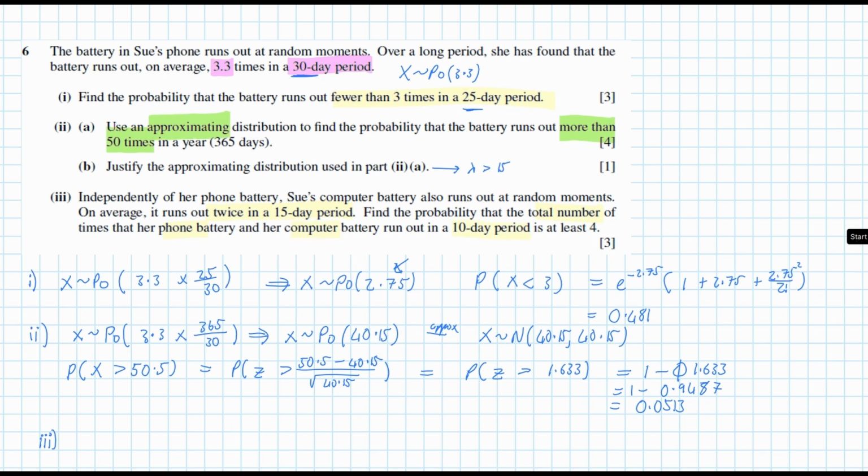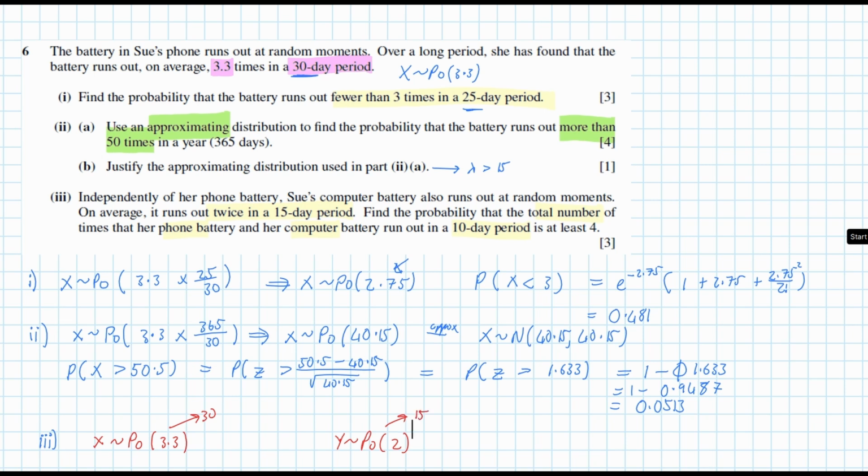So let's say the phone is X, and it's Poisson 3.3. And let's say the computer battery Y is also Poisson, but it's 2. Now this here is 30 days, and this here is 15 days.